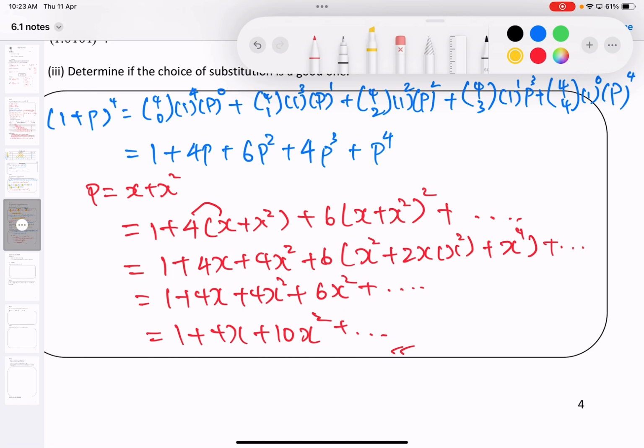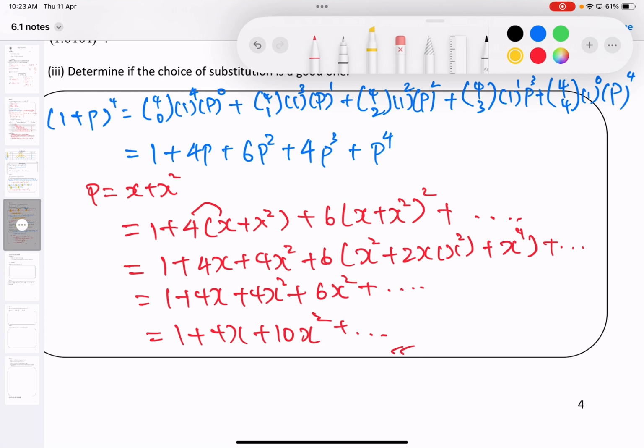I can ignore these higher powers because the question only wants me to expand until x squared. So I'm just going to substitute the value of p as x plus x squared. When I substitute it in, I just need to expand it out.